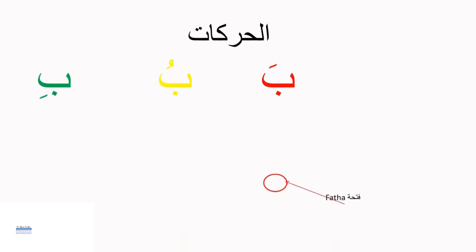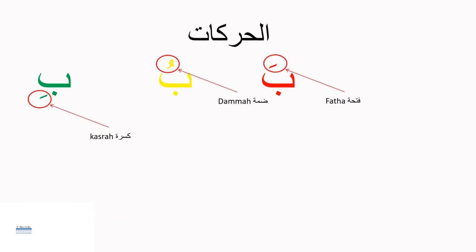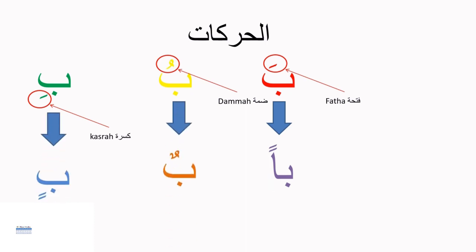Now we have something called tanween, or double fatha, or double kasra, or double dhamma. These actually made the same sound of fatha, dhamma, and kasra, but you add an n at the end of the sound. For example, if it is ba, it will become ban, or if it is bu, it will become bun, and bi becomes bin. Okay?